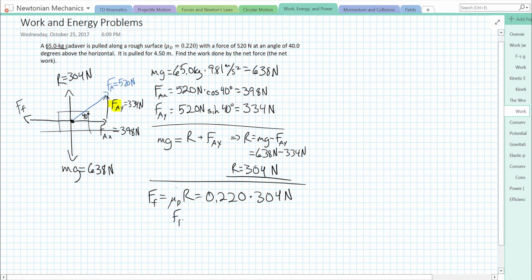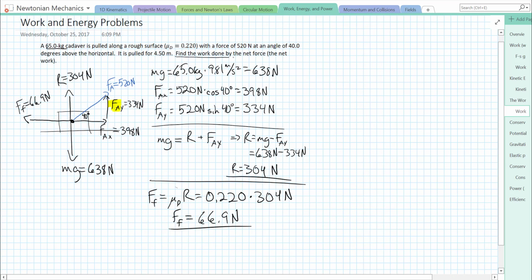So our force of friction is then equal to 66.9 newtons. Okay, so that's all of the forces.